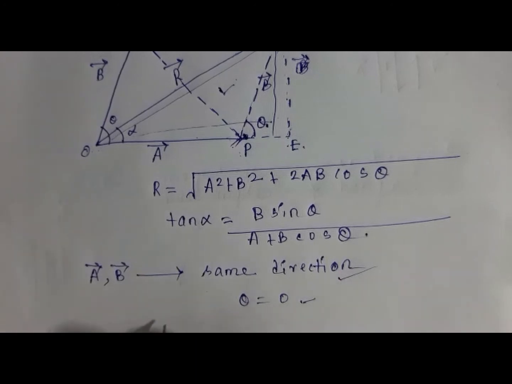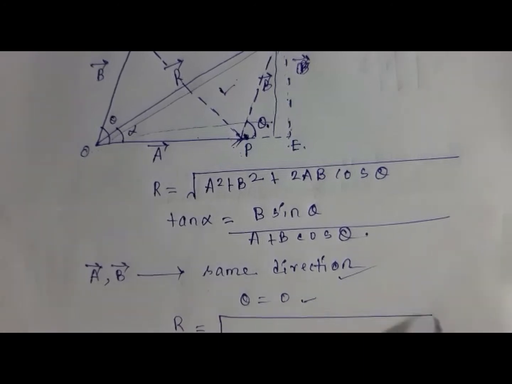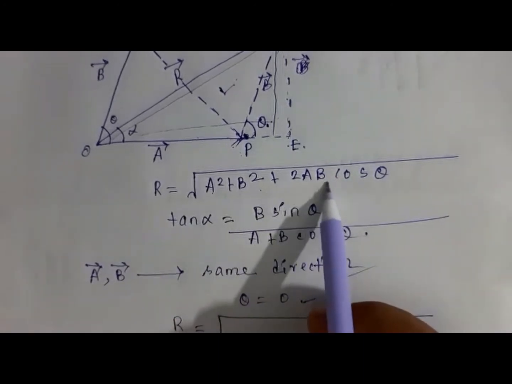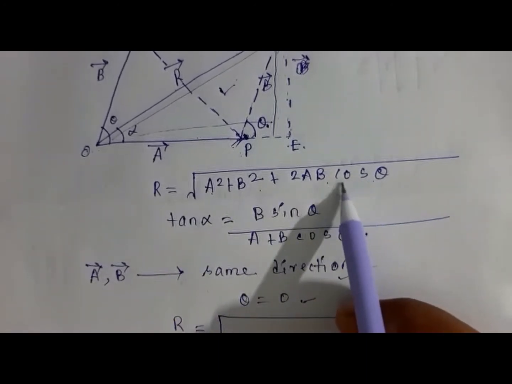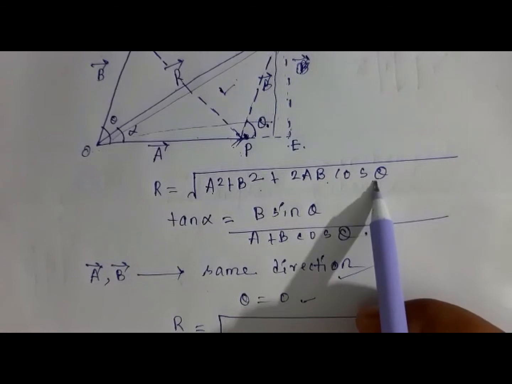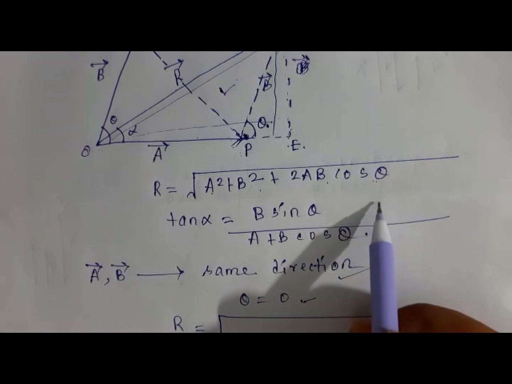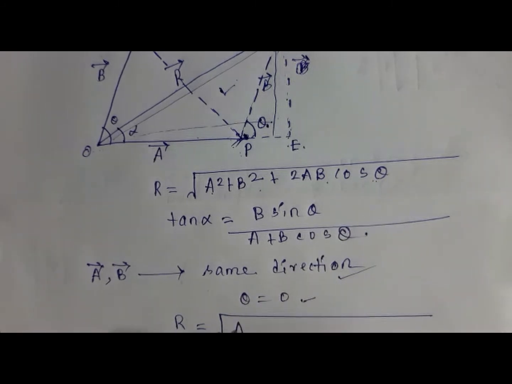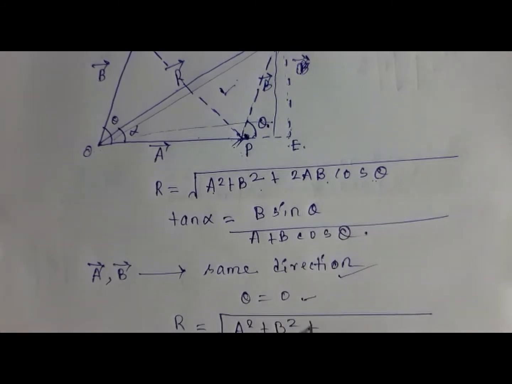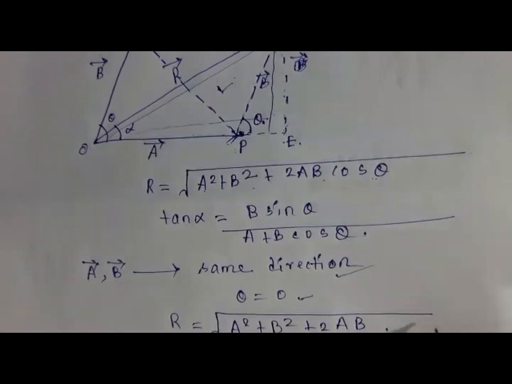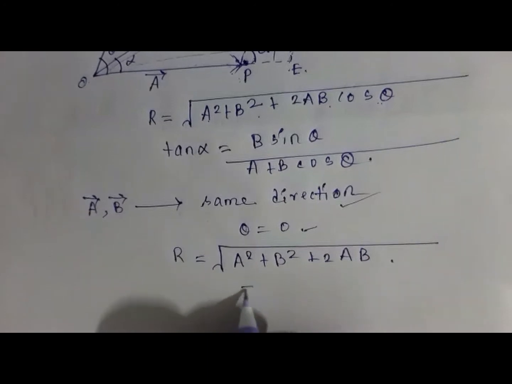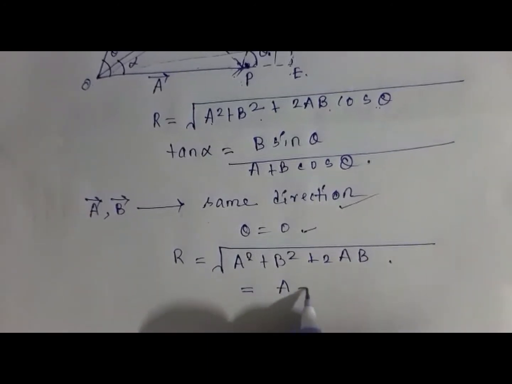So what is going to be your R? In A square plus B square plus 2AB cos theta, theta is 0, so cos theta equals 1. So it is A square plus B square plus 2AB, and here you can write A plus B.